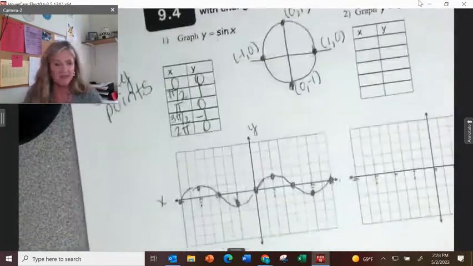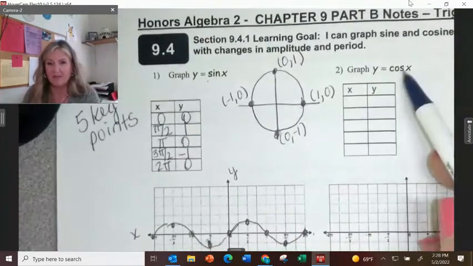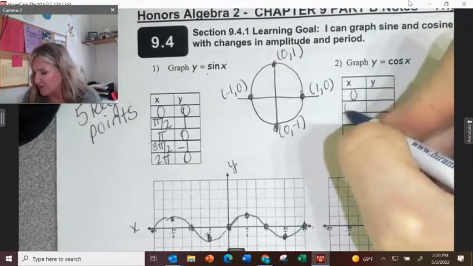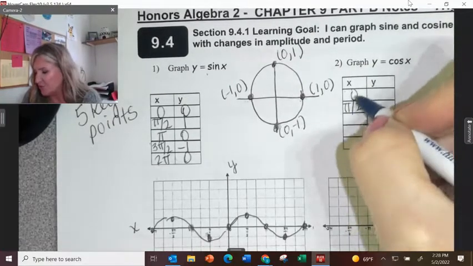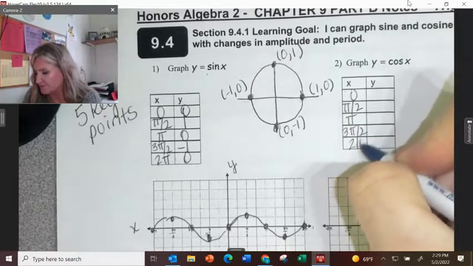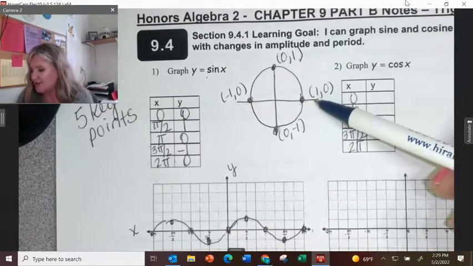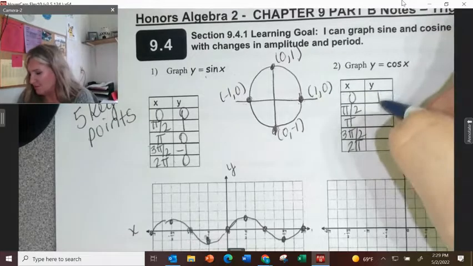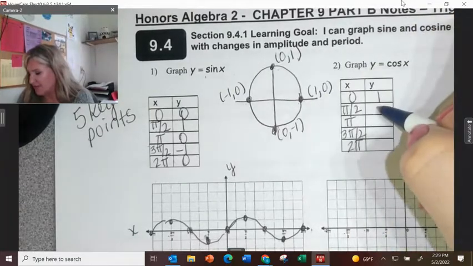Okay? Let's find the five key points now for cosine. So we're going to use one period, which is from 0 to 2 pi, and we go up by pi over 2. We're going to use those quadrantals. So at 0, what's the cosine of 0? 1. What's the cosine of pi over 2?